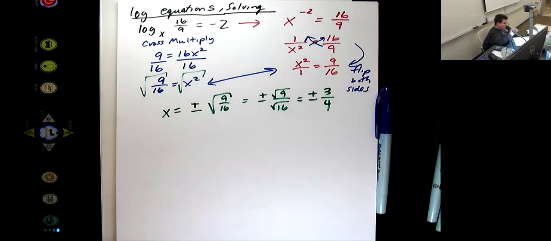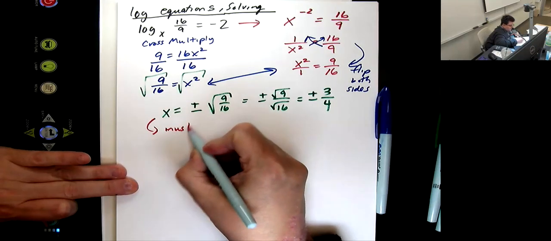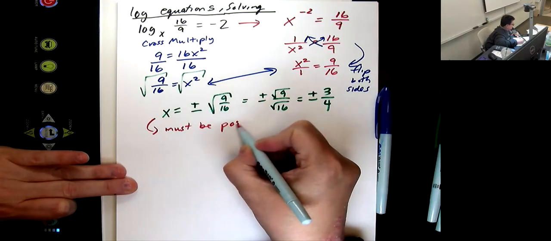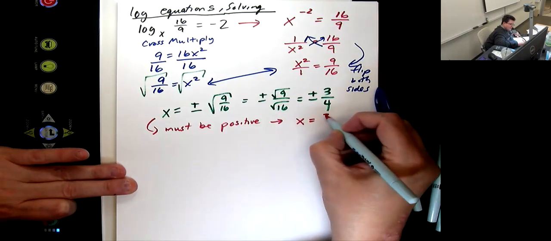Logarithms require that base to be positive though. So this forces us to dump the -1 and we just have positive 3/4.